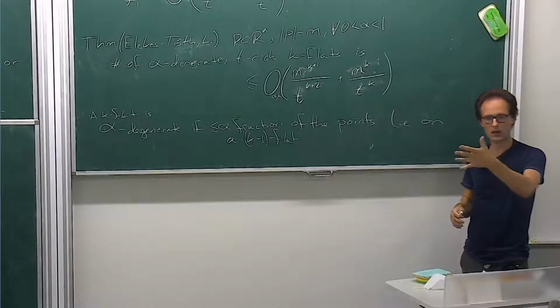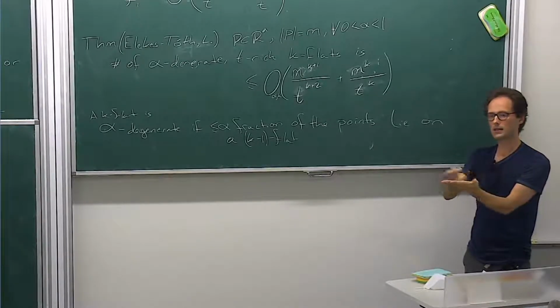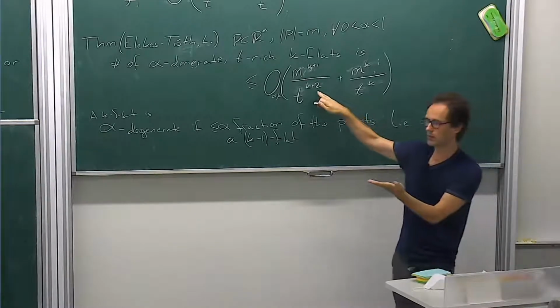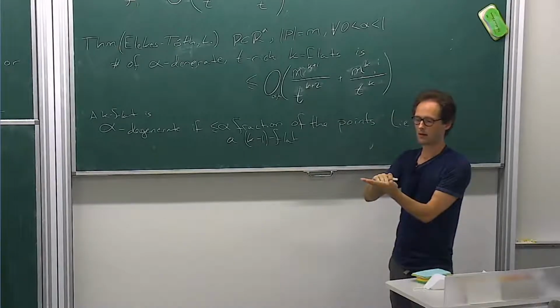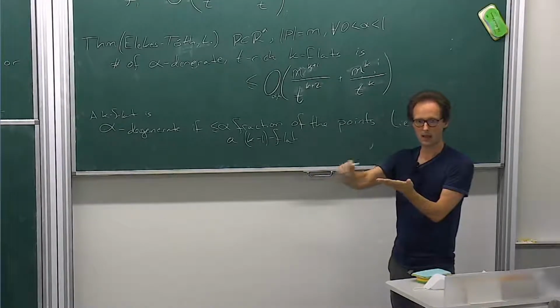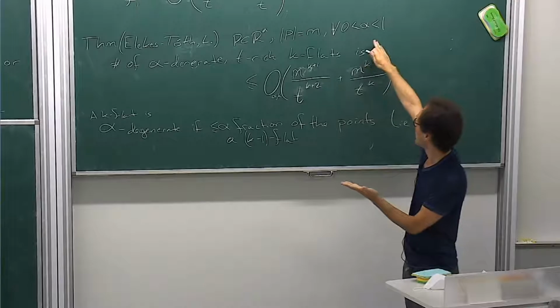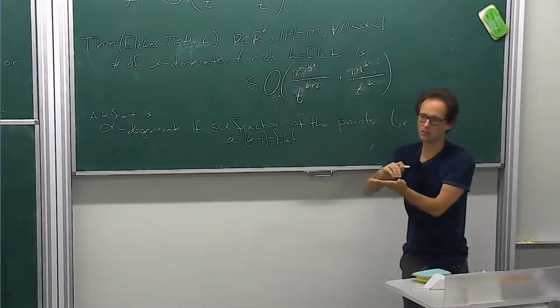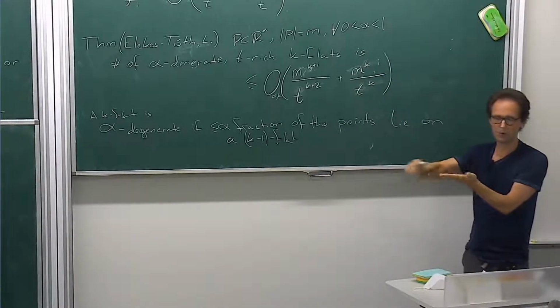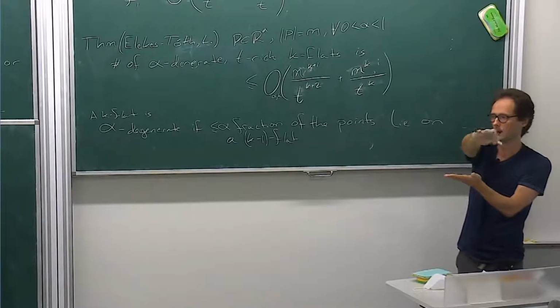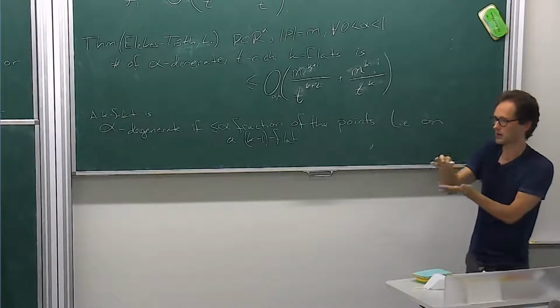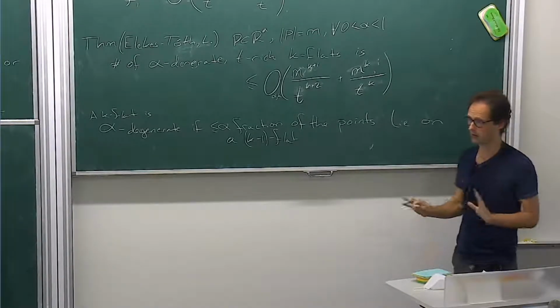So every plane that you look at has, say, T points. And if we take, say, alpha to be 1/2, then maybe half T points on a single line, and then half T points somewhere else. And these are the only type of plane that we're going to count.